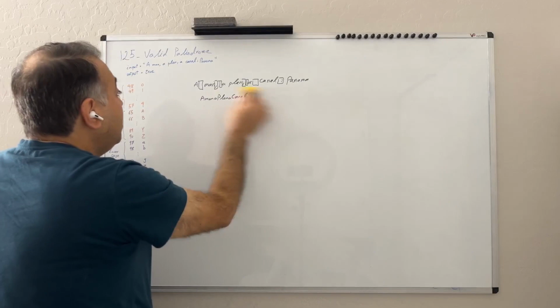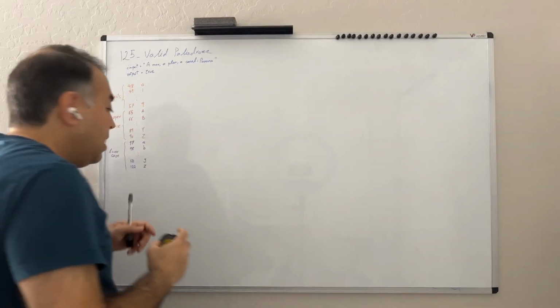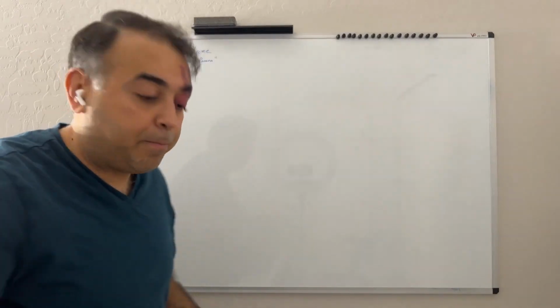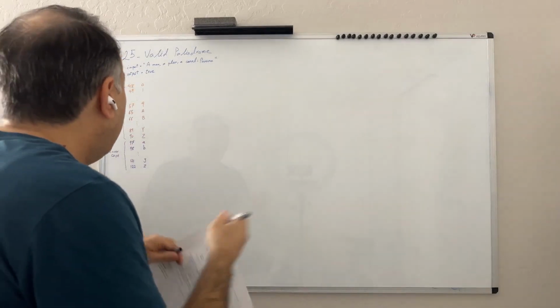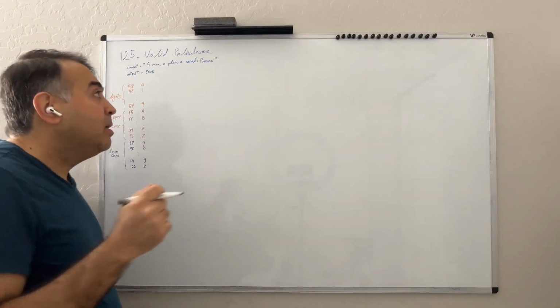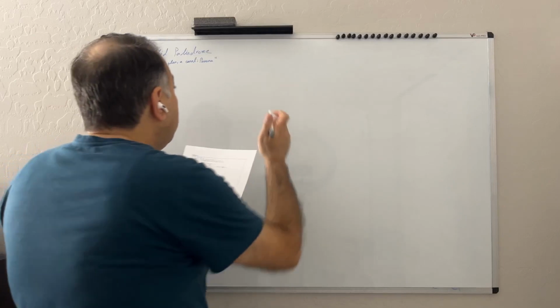Let me clean this one. Okay. As I showed you, this is what we need to do first. We name the method something like isPalindrome.